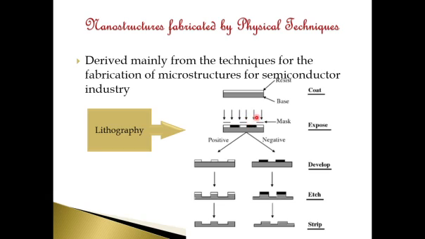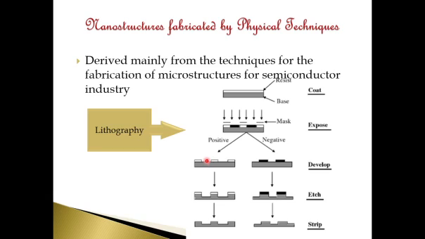So the exposure can be due to a light or a particle or a probe, and then it can be developed in two ways, either positive development or negative development, which means this particular structure will be dipped in a developing solution. So in the positive case, where the exposure is made, that exposed region is dissolved off.